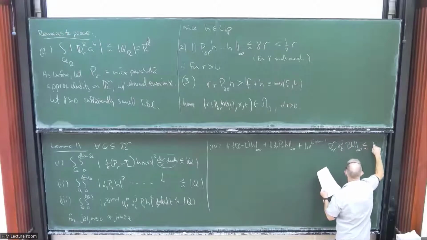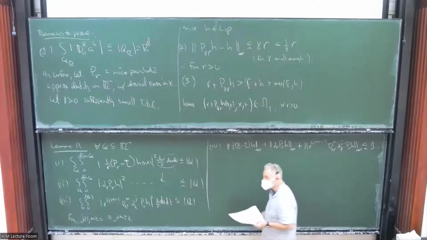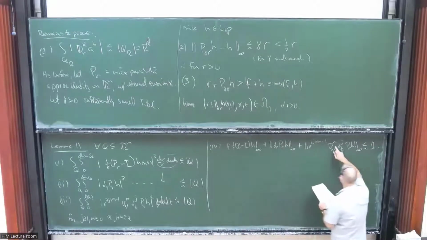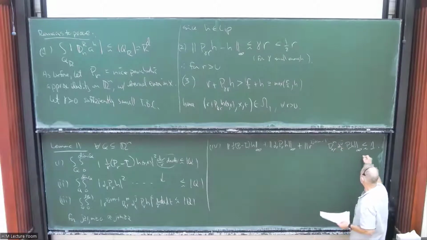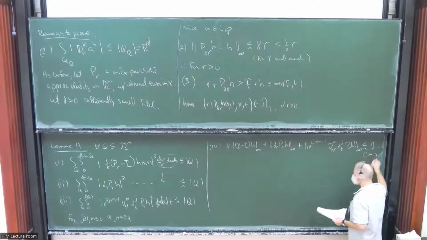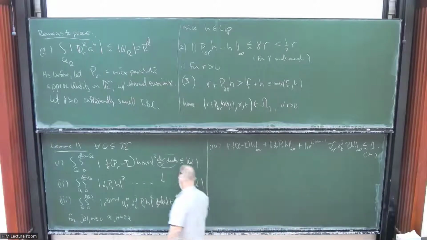All of these are bounded by some uniform constant. Of course, this will depend on j and m, just as this one does.